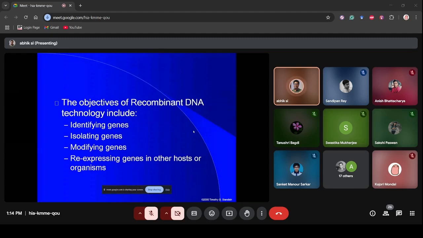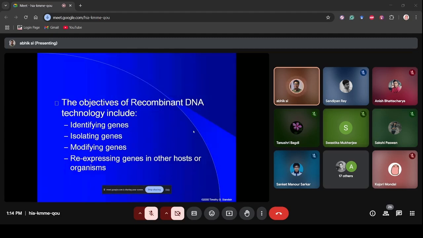So instead of that, I can collect the insulin gene of a normal individual who can produce normal insulin. Insulin is a protein, produced from one particular gene. Gene means one particular part of the DNA which can produce that protein.